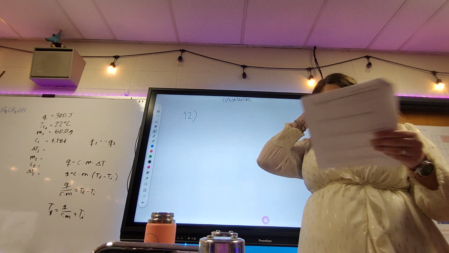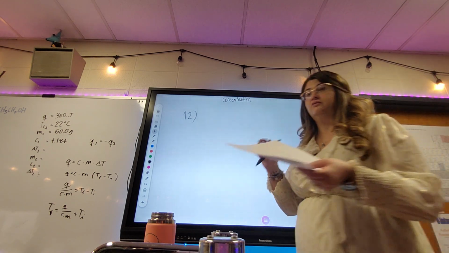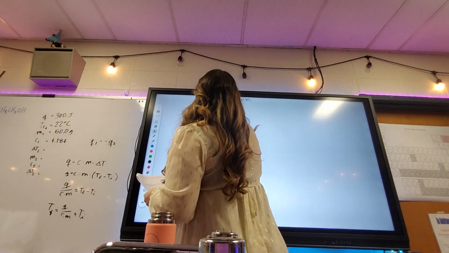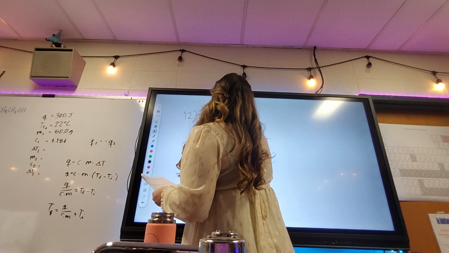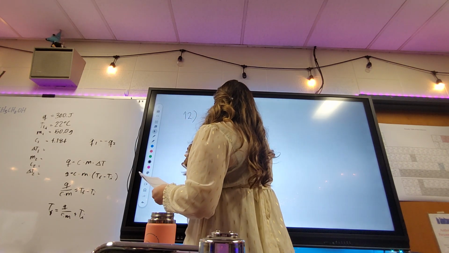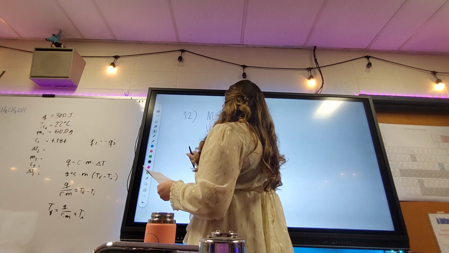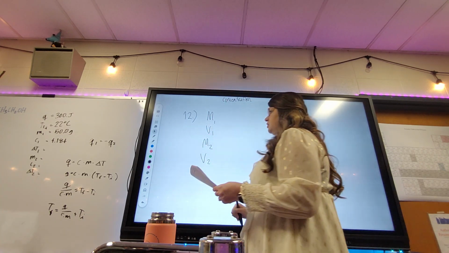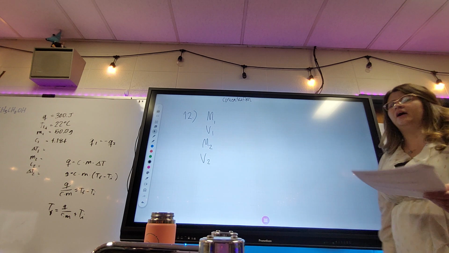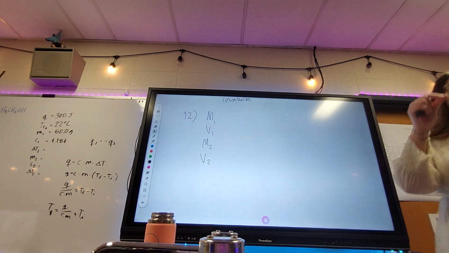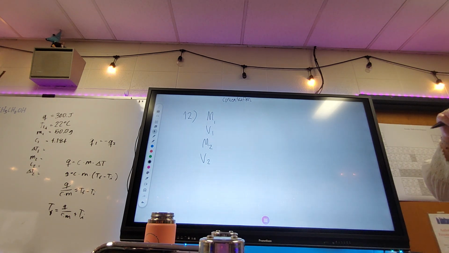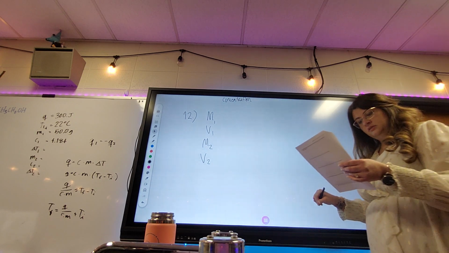Okay, so it says by dilution, that must mean the dilution formula. So I'm going to make myself a little data table. The capital M here stands for molarity, and then the V is for the volume. It doesn't even matter what unit volume is in, it just has to be the same unit for both.